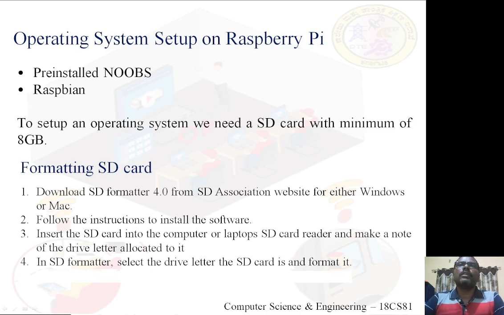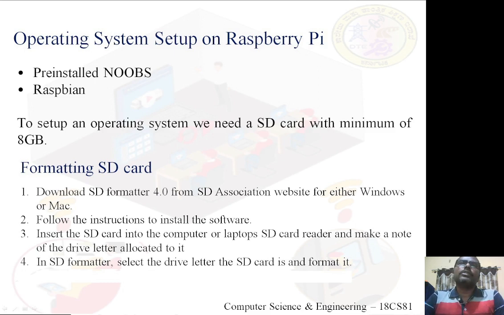So what I said, the first step in setting up and installing an operating system to the Raspberry Pi computer is we need to format the SD card.